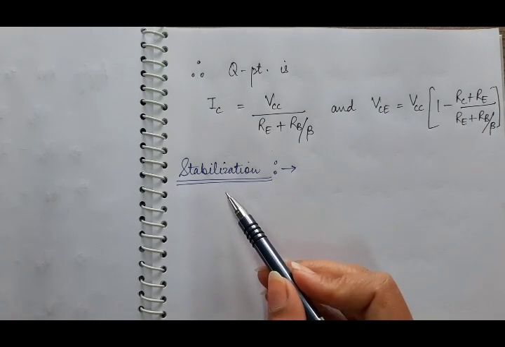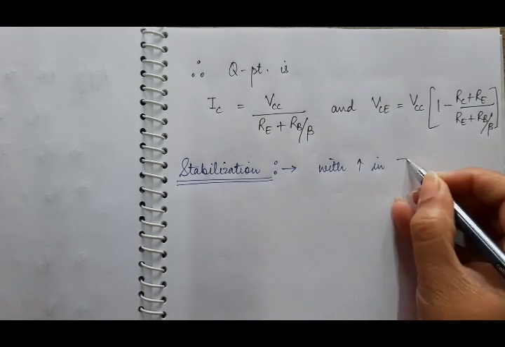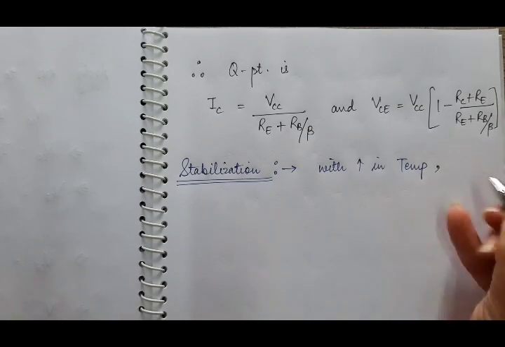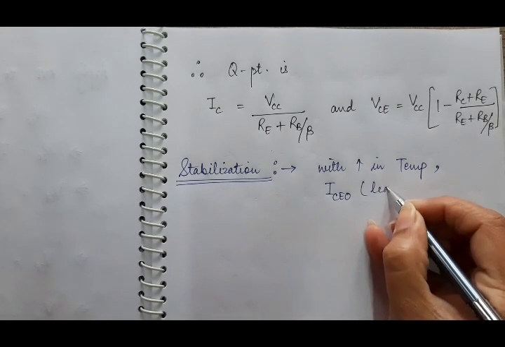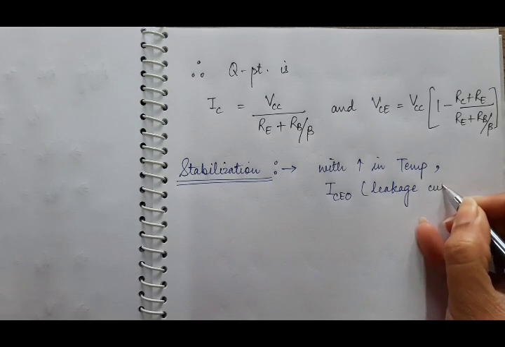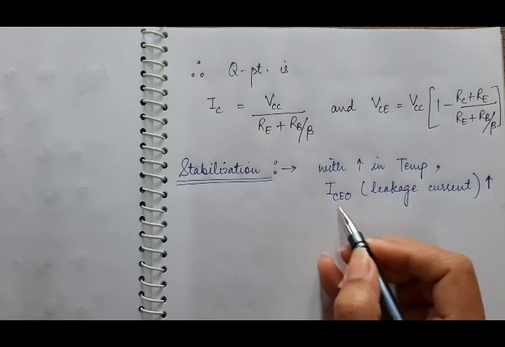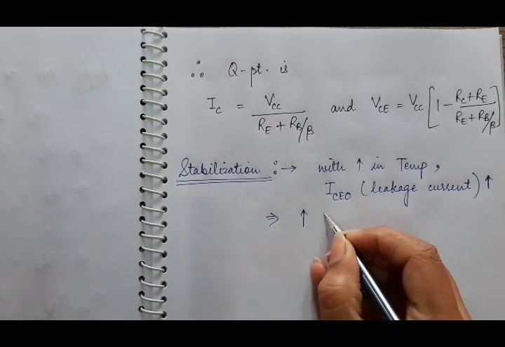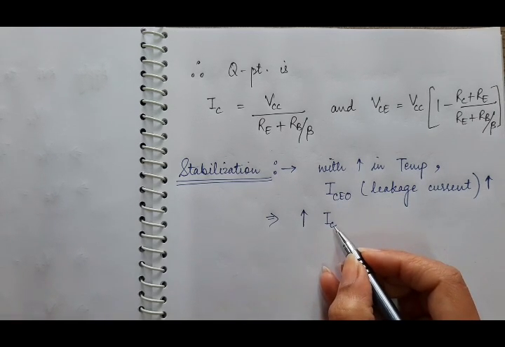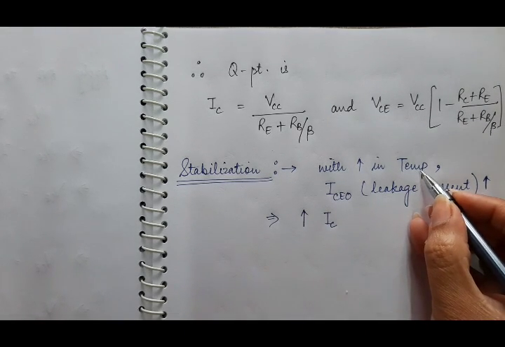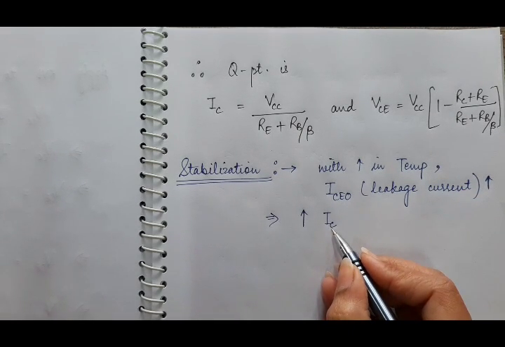So as we know that with increase in temperature, what will happen? The leakage current ICO will increase, and this increase in leakage current will increase collector current, and this collector current will further increase the temperature, which further increases this leakage current, which will further increase this collector current.